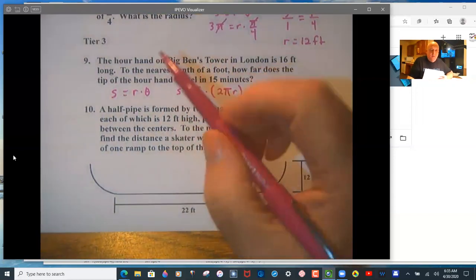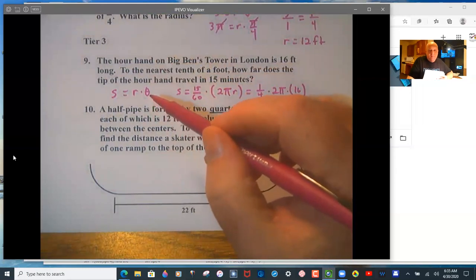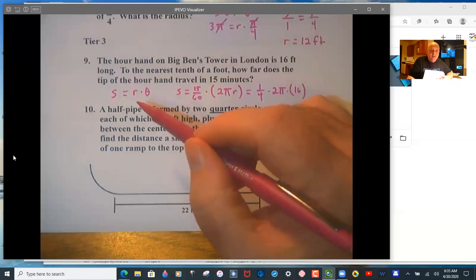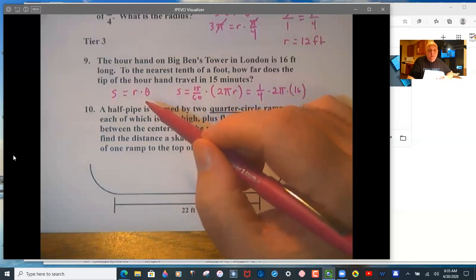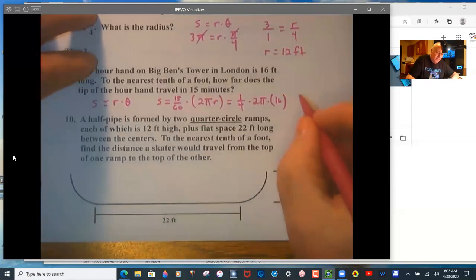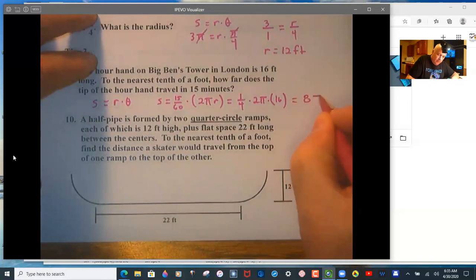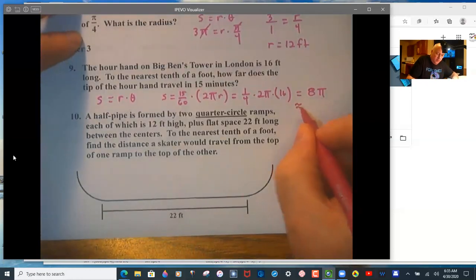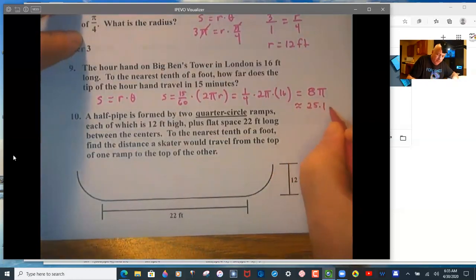If you wanted to, you could do the theta as pi over 2. That'd probably be easiest, times 16, which would be 8 pi. That's exactly what we get here. So you could figure out what the angle is in radians and then just do it. And then that is 25.1 feet when you crunch it out.